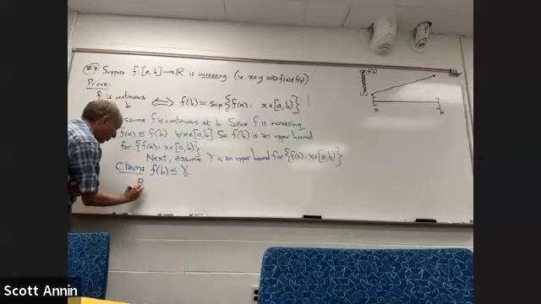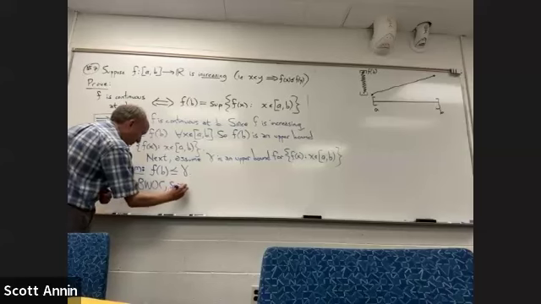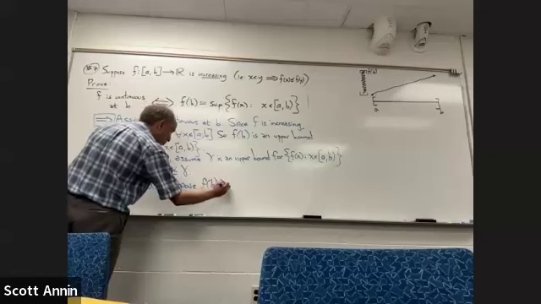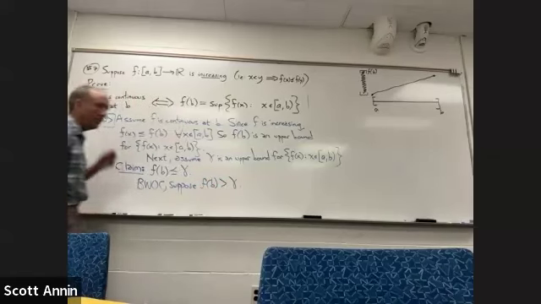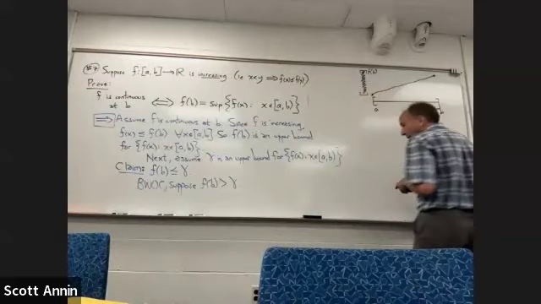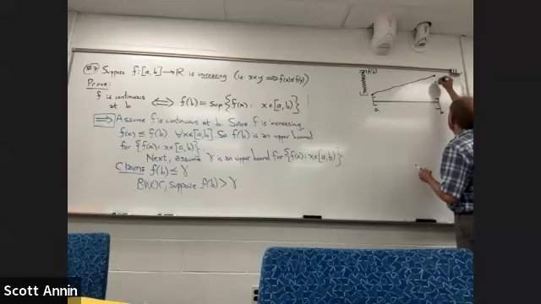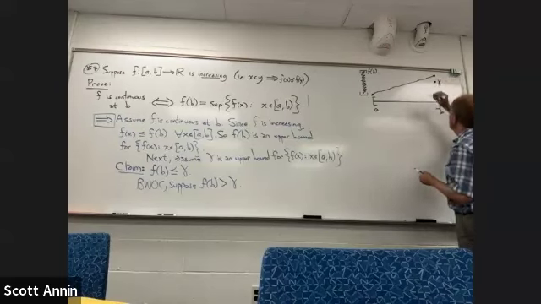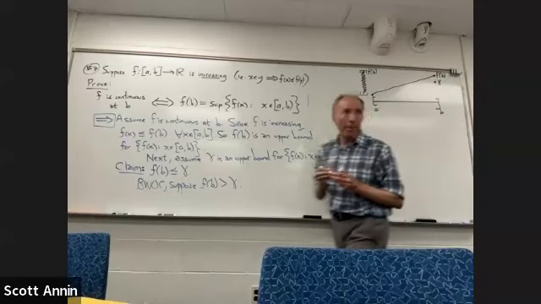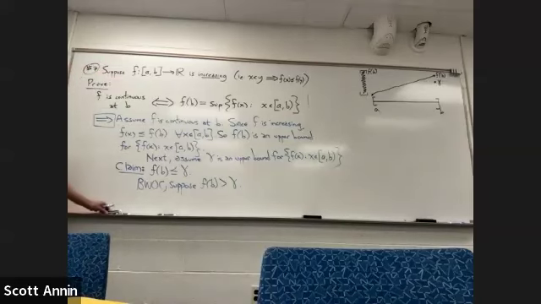So by way of contradiction, suppose that f of b is strictly greater than gamma. So in my picture then, my gamma is going to be maybe right here somewhere. So f of b is here, and it's greater than gamma. Okay.